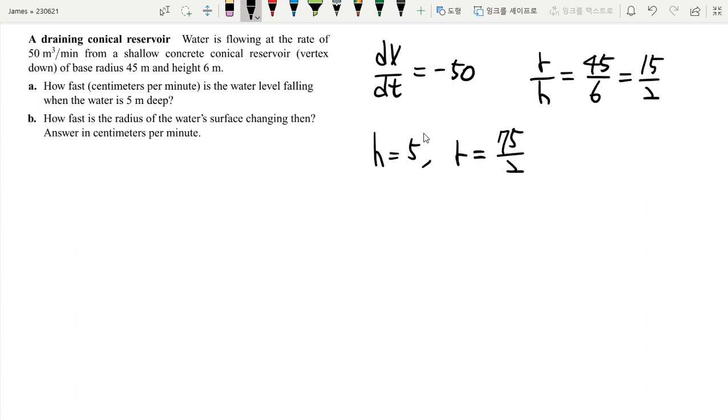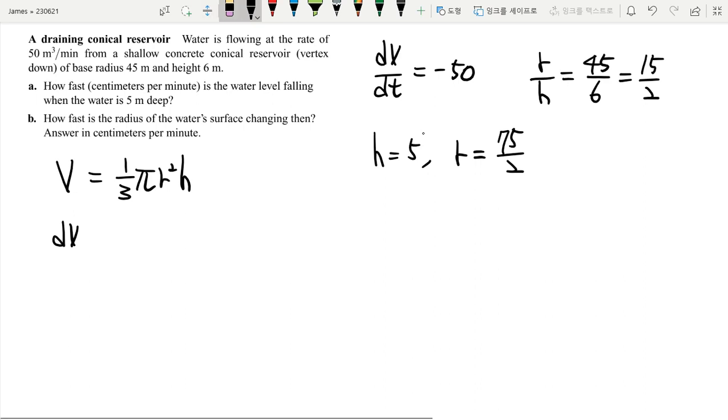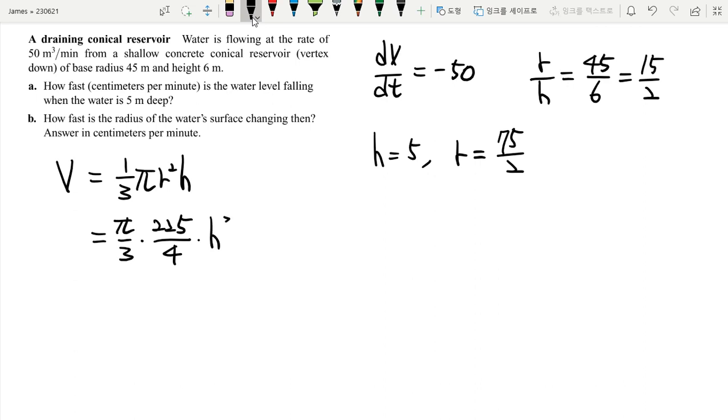And then once again, the cone's volume, we have this equation, so dV over dt. Let's change r to h, because r is this. So r squared is like this, this squared.